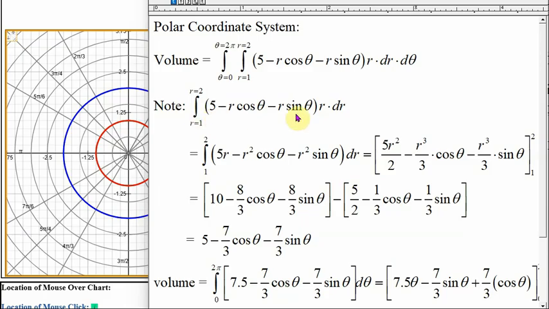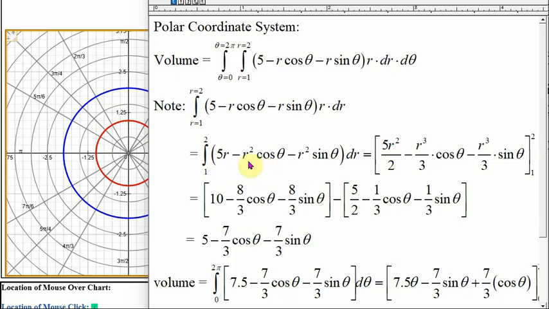And now let's evaluate the inside integral. So this is the inside integral, and then multiply this out, we get 5r minus r squared cosine theta minus r squared sine theta. And then notice that here we're integrating with respect to r. And so cosine of theta and sine of theta will be constants. So the integral for 5r will be 5r squared over 2.